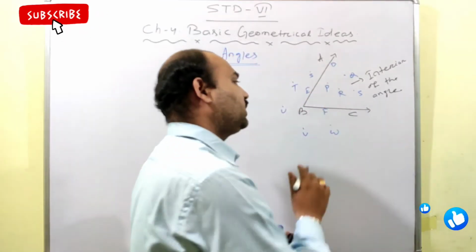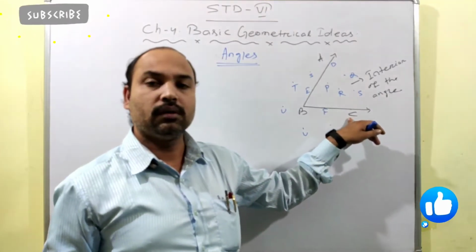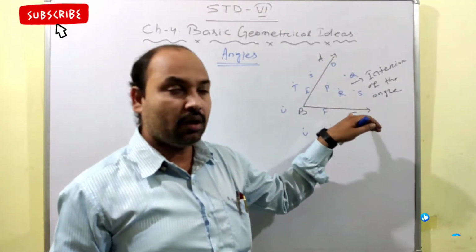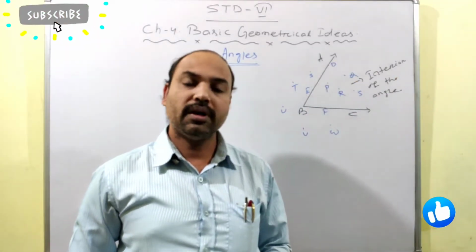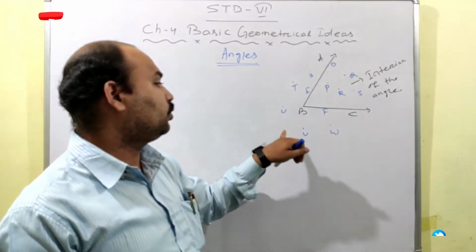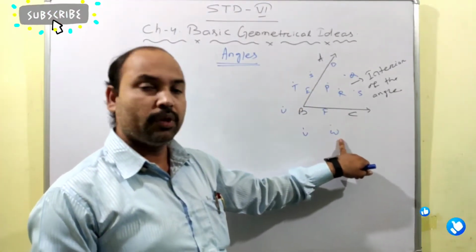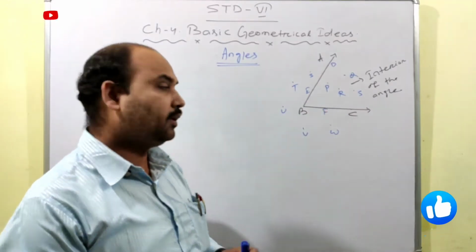Okay. So the points which lie inside the two rays, or on the same side of the two rays, this part is known as the interior of the angle. And the points outside of the angle, that is the exterior of the angle.